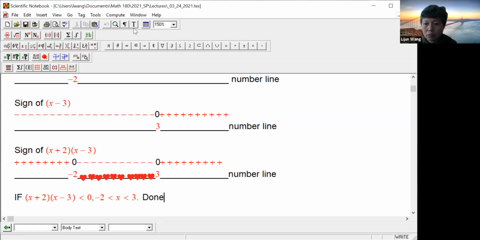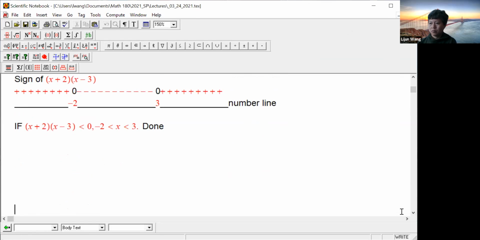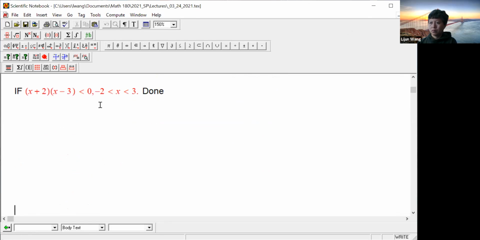Now, let's see how we show work. How much work do you need to show? Show work to the nerdy math teacher.